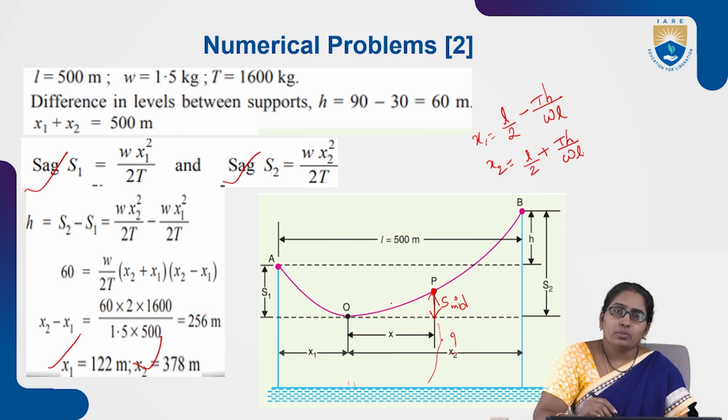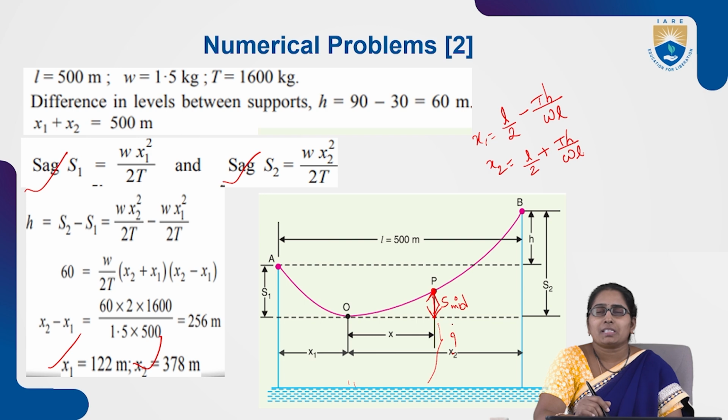Sag means the distance from the lowest point to the particular point, here at the midpoint, which we calculated and denoted S mid.